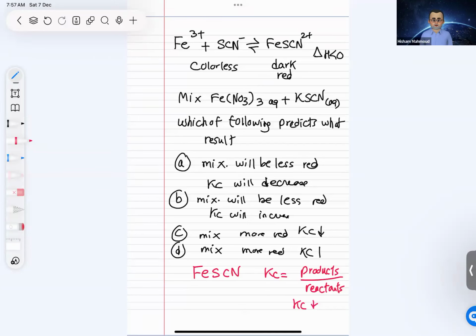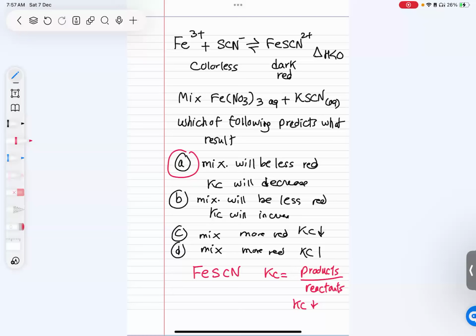Kc will decrease. So your option is less red, and Kc will decrease. Yes, this is the correct answer. You will go to the left more, and Kc will decrease.